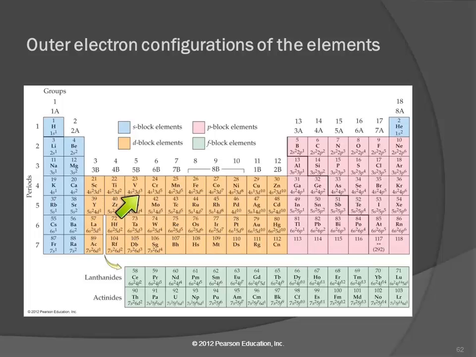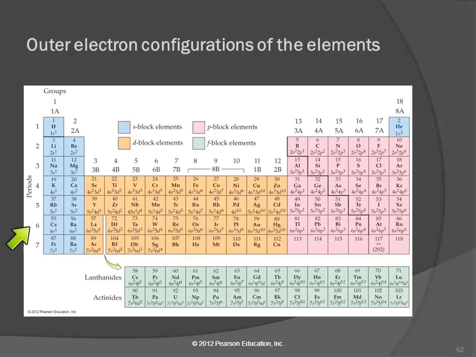So these d orbitals are the period number minus 1. In my little fantasy chemistry world, I think of these as originally they should have been up here, but they fell down. That's why the d number is 1 less than it is over here. So these are filling 3d. They're in group 4, period 4. 4 minus 1 is 3. Down here, wolfram, tungsten is filling 5d.